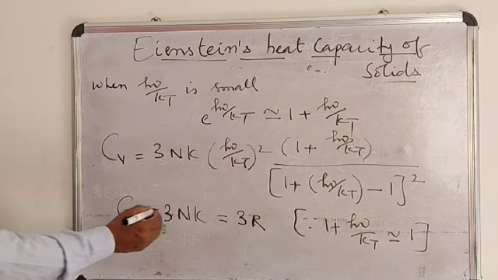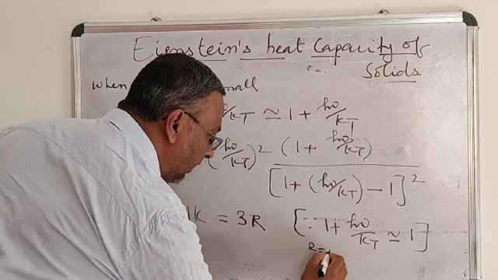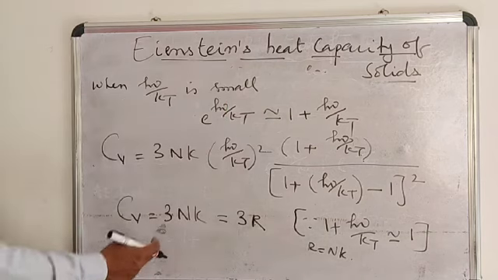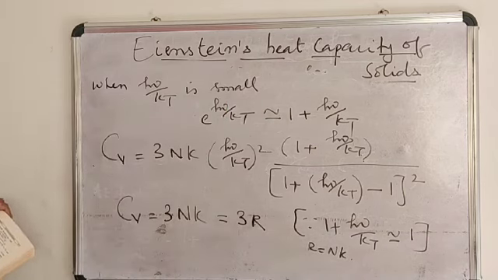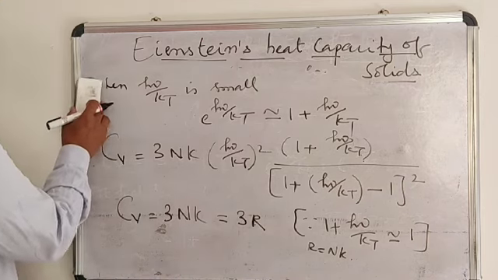And you know that R is equal to Nk. Therefore, Cv is equal to 3R, and this is at high temperature.